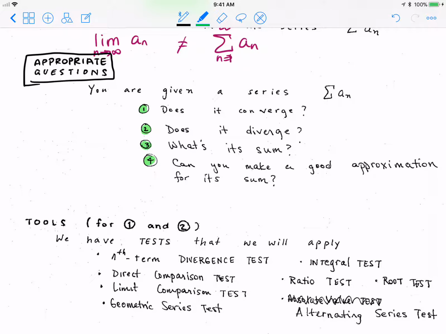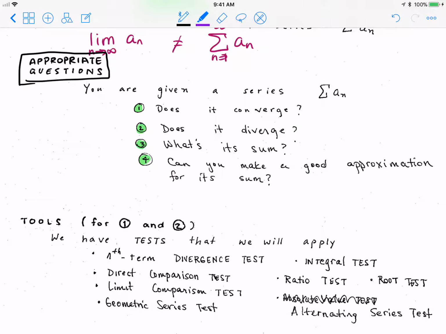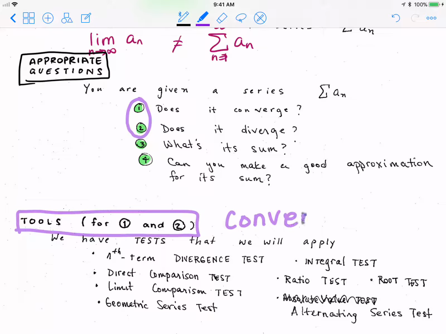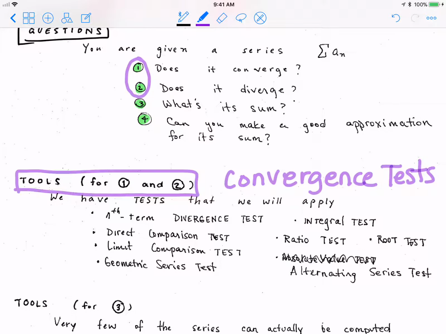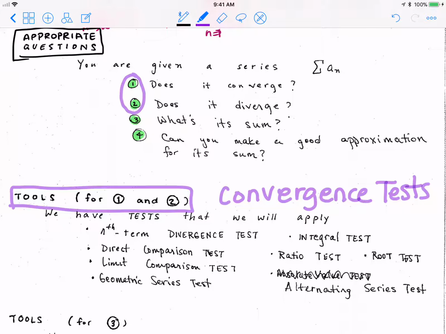Now, we've got some tools. For 1 and 2, essentially, we'll be using convergence tests. And we've got all of these convergence tests. The key will be, when do you use which convergence test?